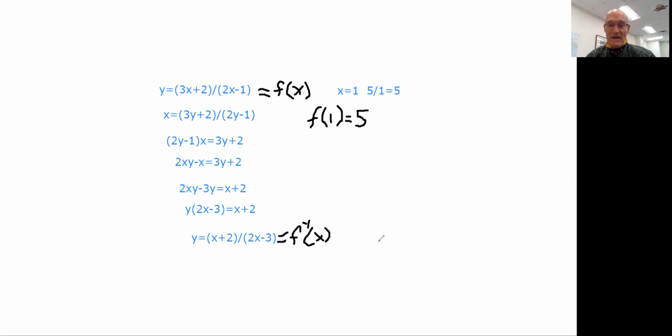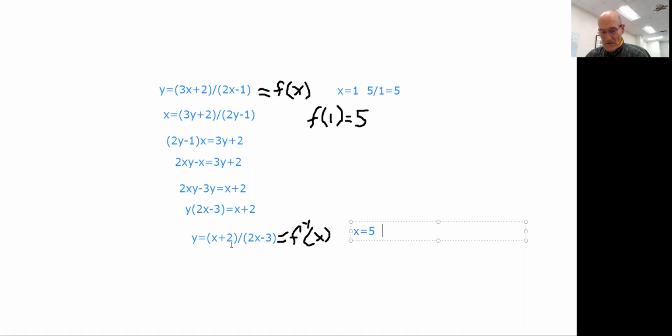Now, if I come down here to the f inverse function, remember what I said is the coordinate swap. So if I evaluate the f inverse function, we're going to let x equals 5. Then what you notice is on the top we will get 5 plus 2 is 7.